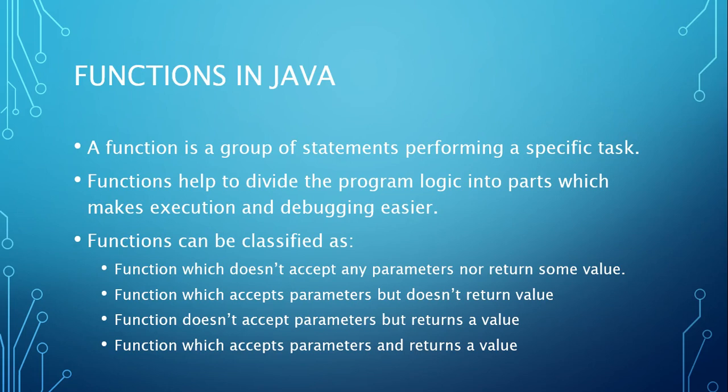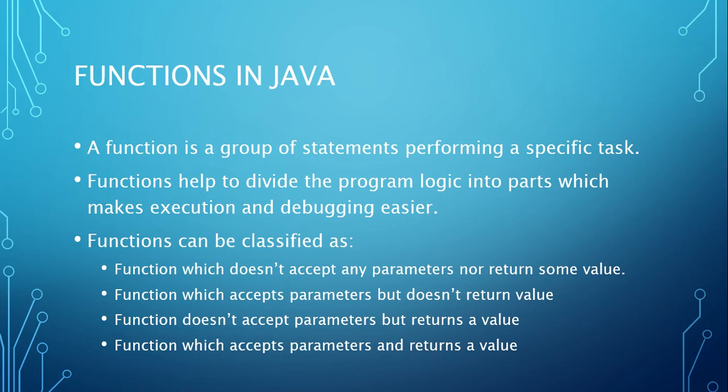But after Xeroxing, I tell them not to return the original back to me; they can keep it for themselves. So here I have given them a task of preparing the notes. I am also giving them a parameter from my side: a copy of my own notes. And after the task is completed, I am not even asking for any return value. So that is accepts parameters but doesn't return a value.